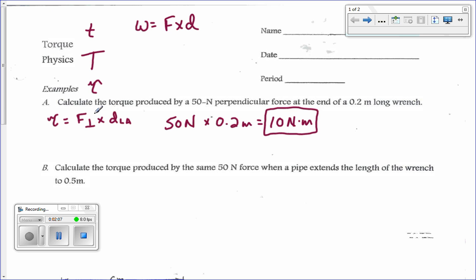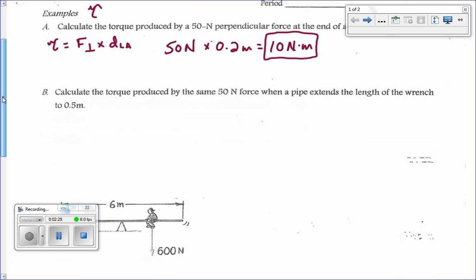But torque is the perpendicular force times the distance of the lever arm. What is the SI unit for work? Not watt. It's the joule. All right, the SI unit for torque is not the joule. It's the newton meter. So they're similar, but they're different.